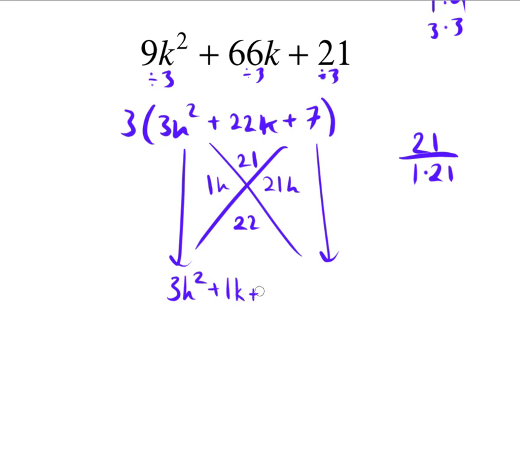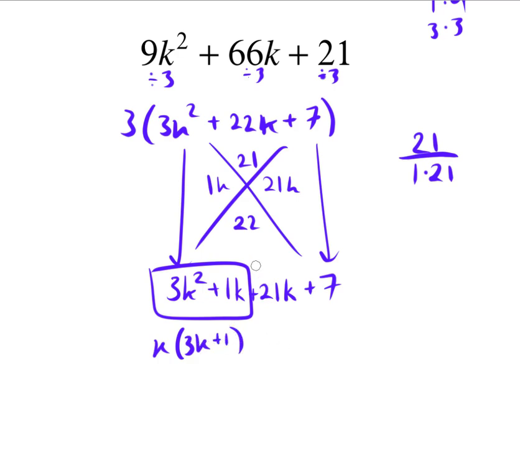Then once again, I'm going to group these two together, and I get k times 3k plus 1. And over here, I'm going to factor out the 7, plus 7 times 3k plus 1.